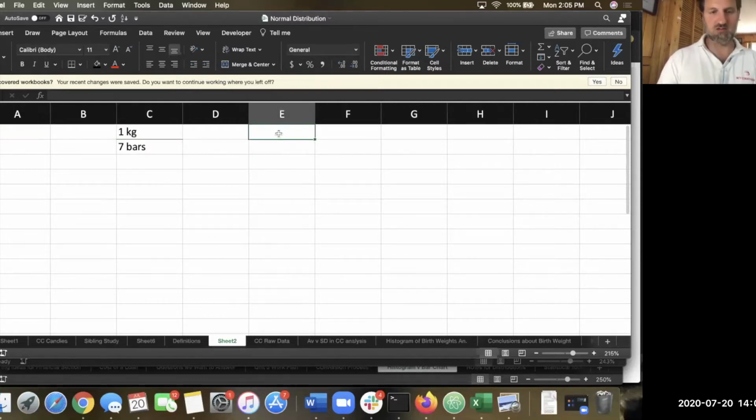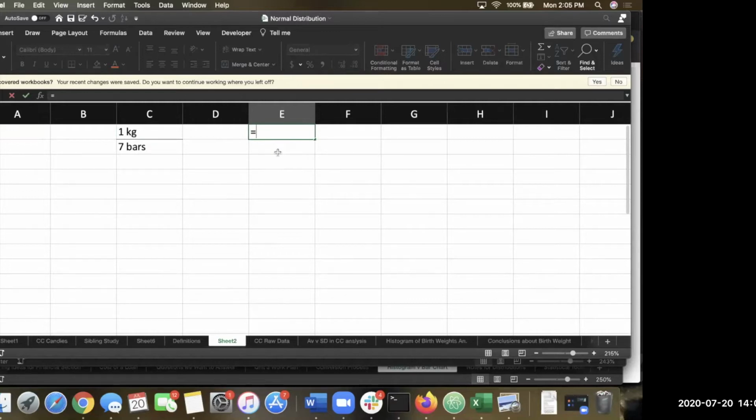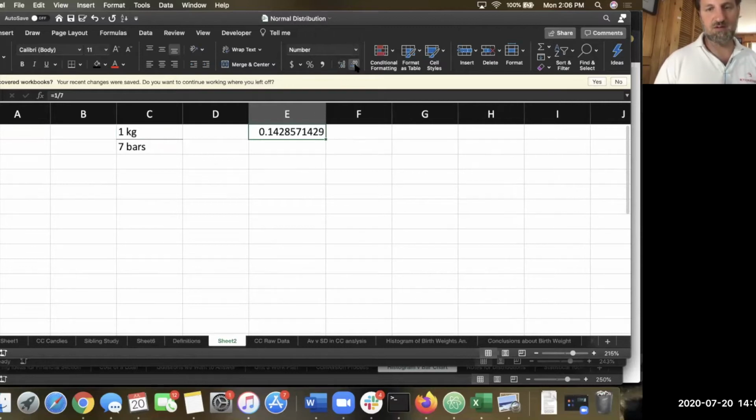Let's go ahead and do the math. What's 1 divided by 7? 0.14. It's not an even number, so we do have to do some rounding, but 0.14 will be fine. And then let's try to interpret it.